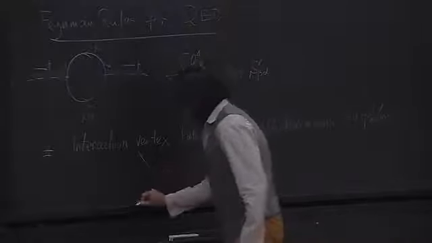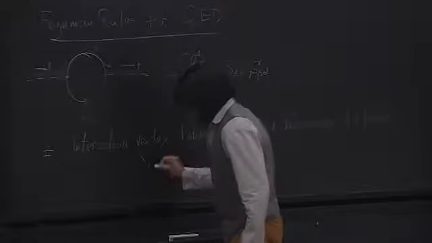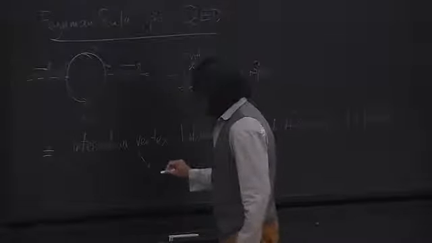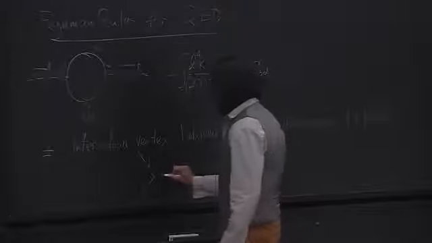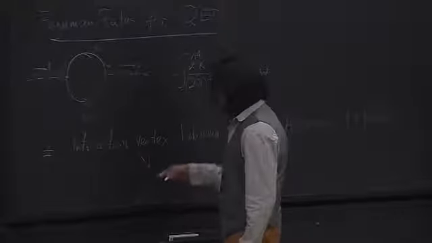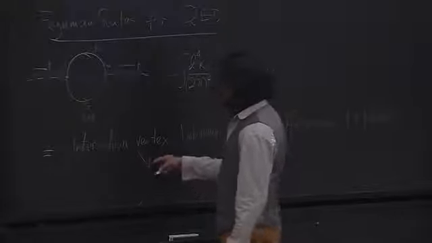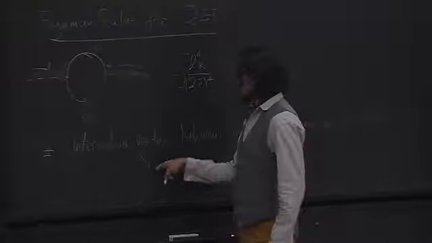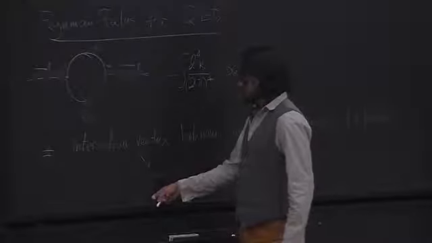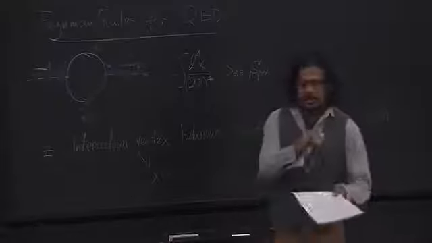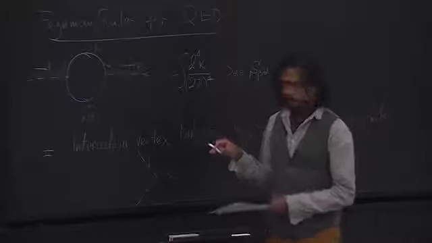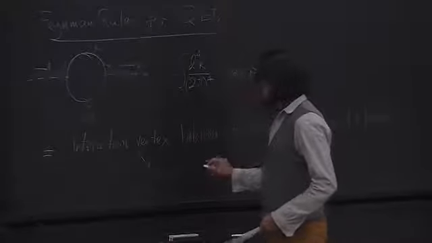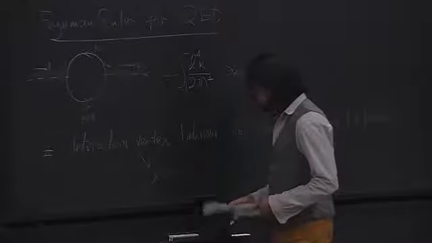We have some fermion coming in. So this is a fermion. This could be an antifermion or fermion. The interpretation of whether this is a fermion or antifermion will depend on which direction time is flowing, right? And this wiggly line is what we call a photon.